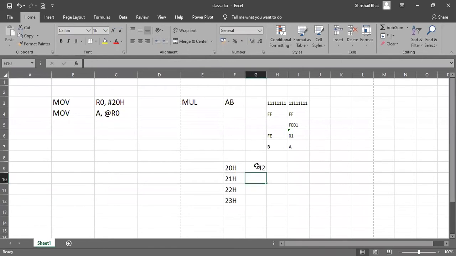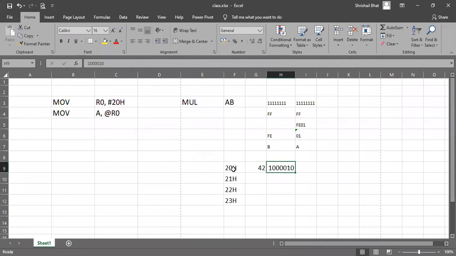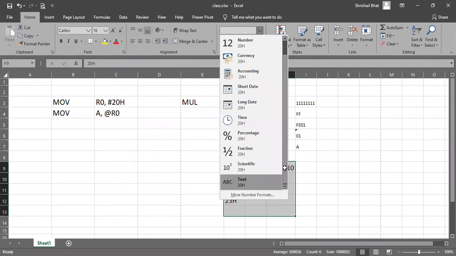In hexadecimal, whatever contents we have here will be in hexadecimal anyway. So 42 in binary will be 0100 0010, right?